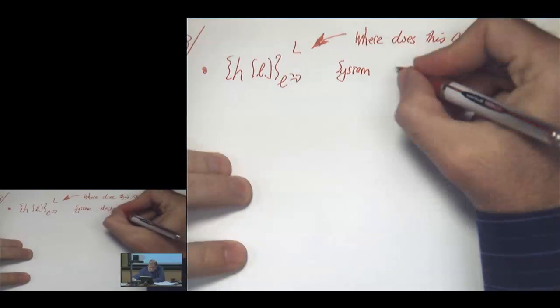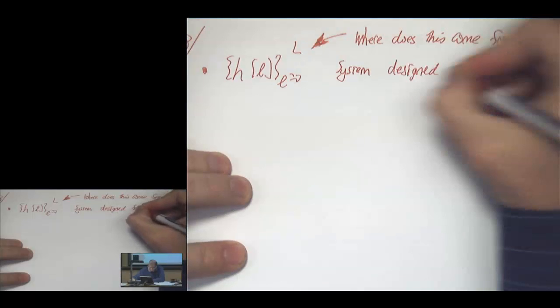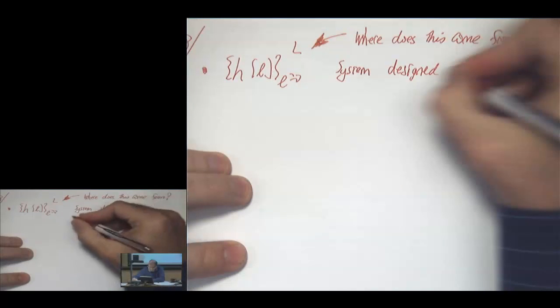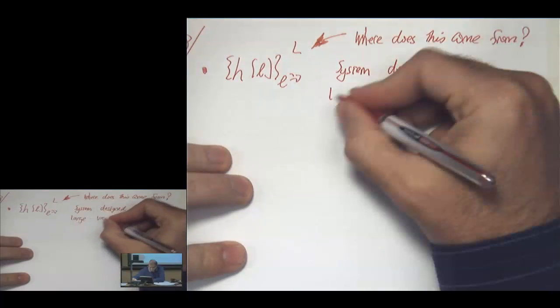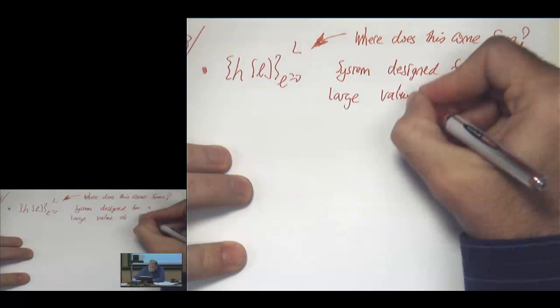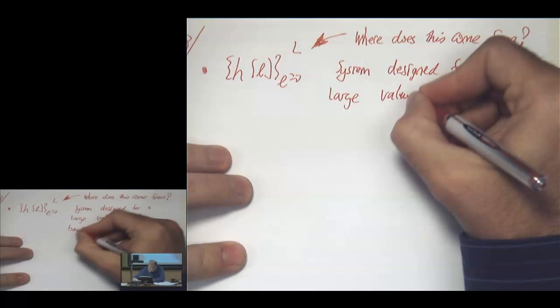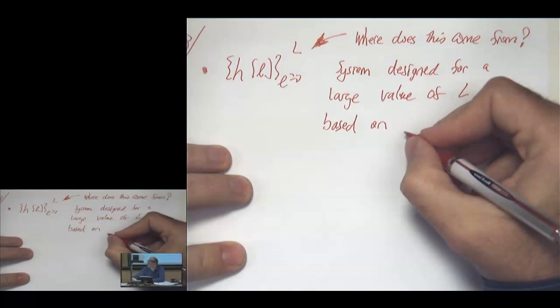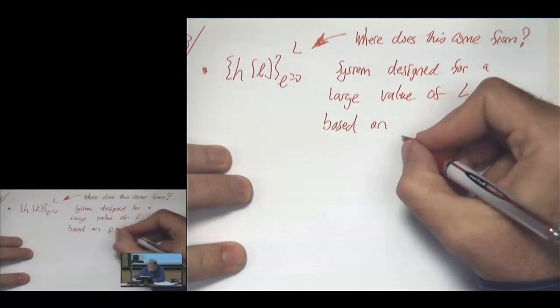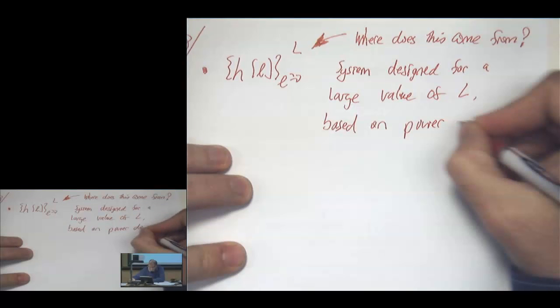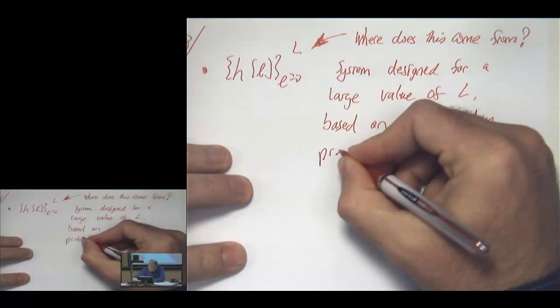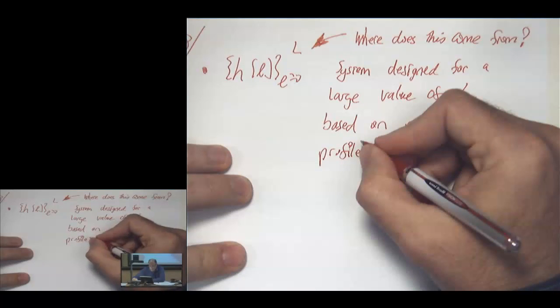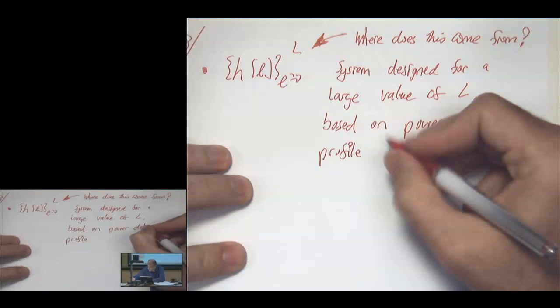So the system was designed for a reasonably large value of L, based on what's called the power delay profile measurements. We'll talk about exactly what this is in a subsequent lecture, maybe around lecture number 18.